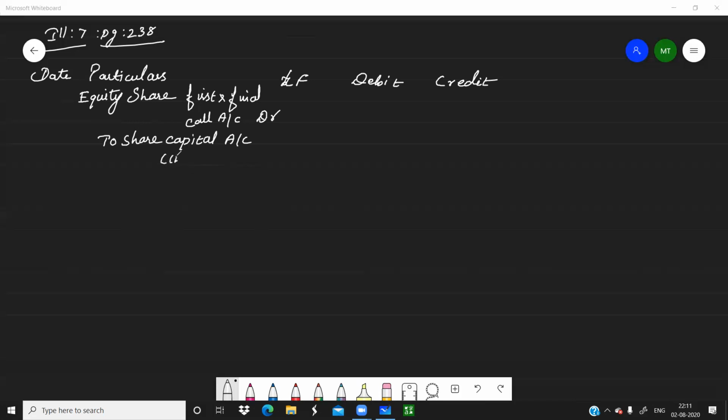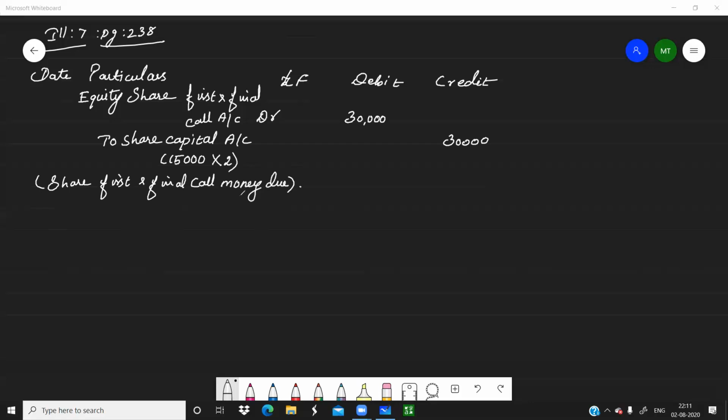So 15,000 into first and final call amount, how much ma? First and final call amount 2 rupees. So 15,000 into 2, so 30,000 rupees. The narration is share first and final call money due. Okay, that's all.